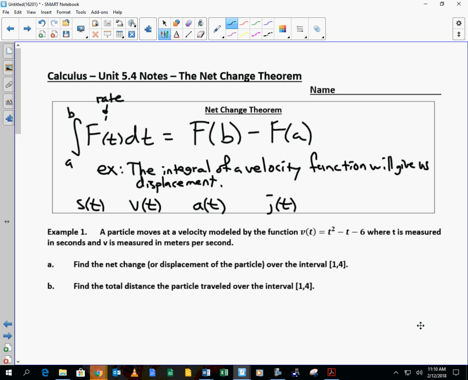I will say that the use of this is a crucial part of the AP exam. We're going to look at this many times over the course of the rest of the year. The first part of your test, which is finding antiderivatives, which you were working on last week, overall goes pretty well. These type of questions seem to be a definite struggle for students.